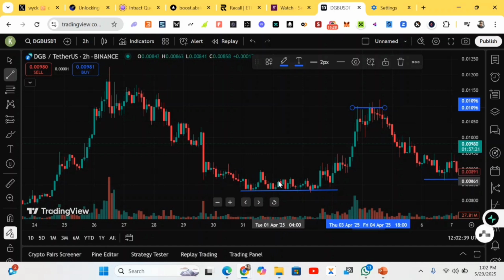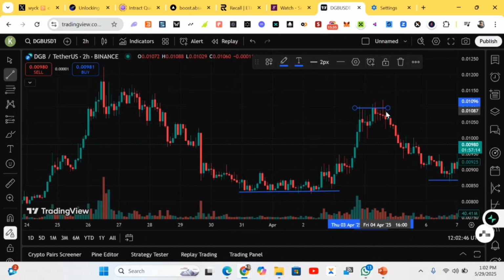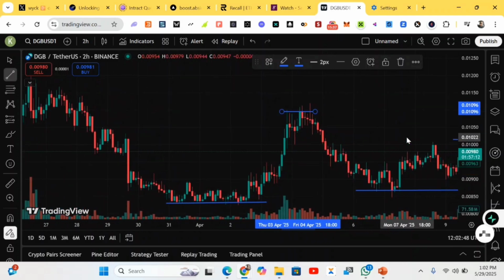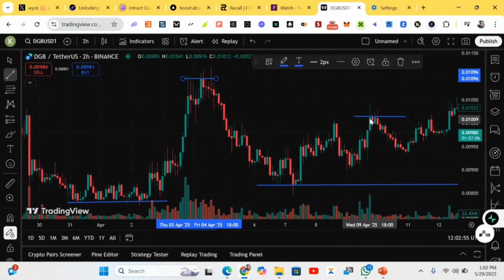Also here, this is a good price, where buyers or sellers are trying to push down their limits, trying to push their limit over here. So finally the sellers pushed it down, but it still came up.